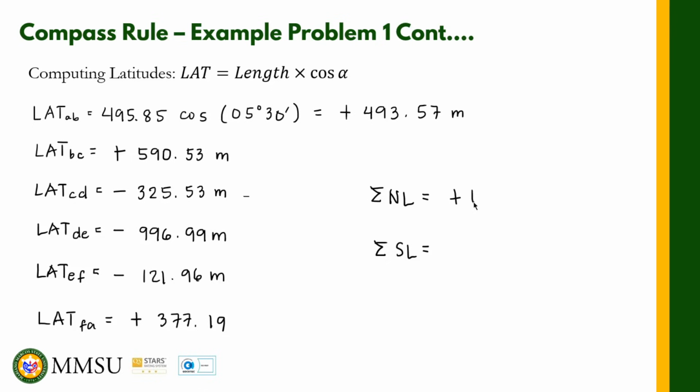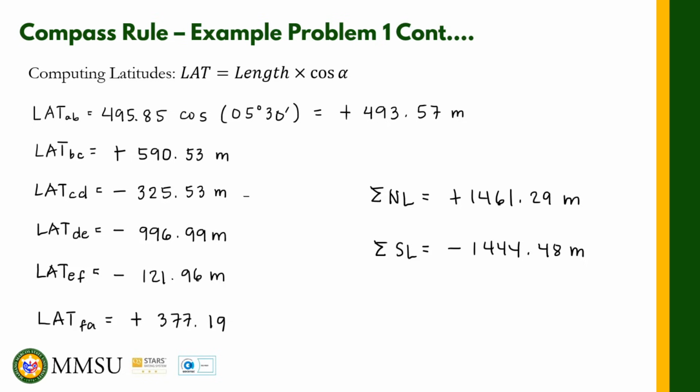Okay, so this is positive 1,461.29 meters. On the other hand, yung summation of south latitude naman are the negative. Negative 325.53, negative 996.99, and negative 121.96. And that should be equal to negative 1,444.48 meters. Okay, so yan lang yung mga kailangan natin for this one.